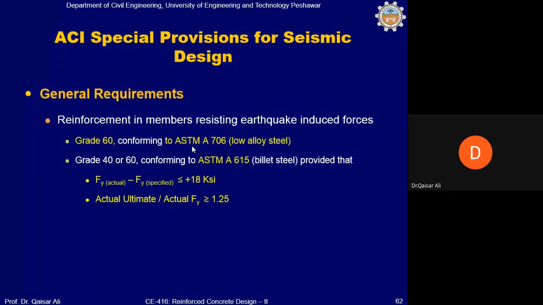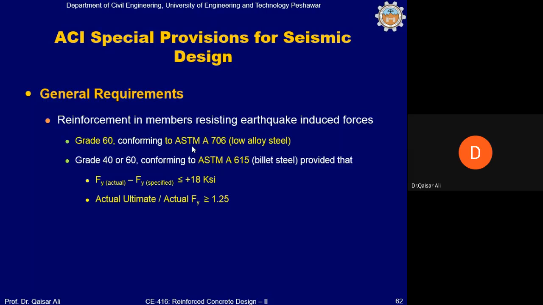This was produced by some factories in the past only for special purposes, like for use in special structures such as nuclear power plants. However, some factories in Pakistan have now started its production very recently. This is a very good type of steel.